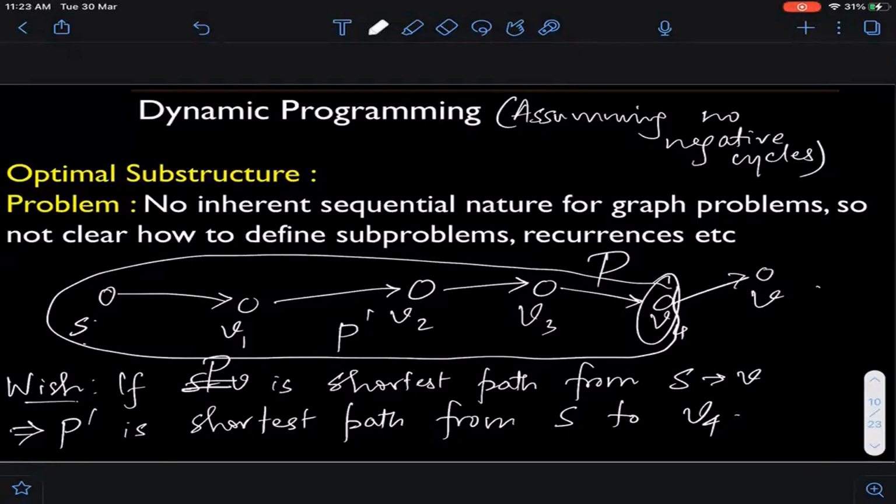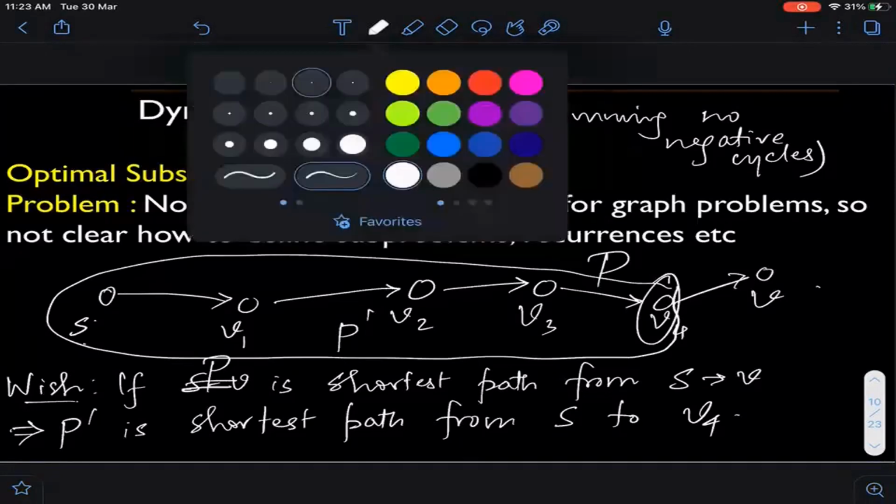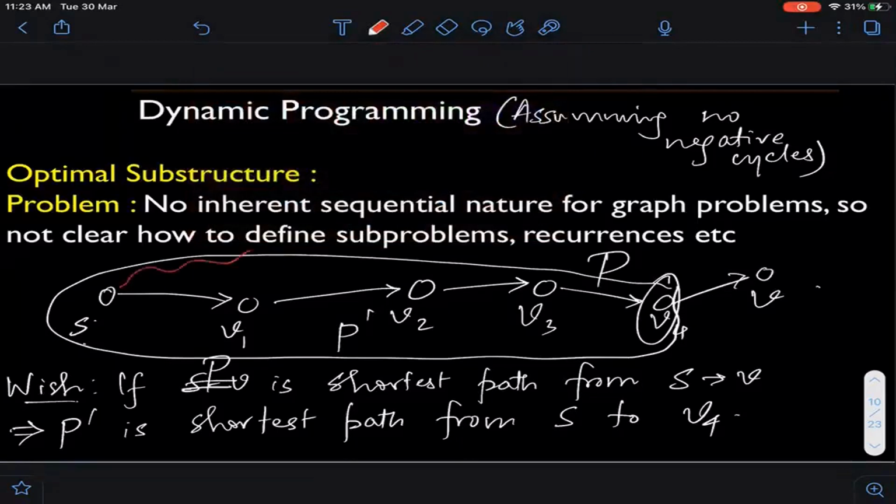Okay, so now I will hand wave a little bit, but we will do this formally when we define subproblems and all. So the observation is the following: कि suppose P prime is not the shortest path from S to V4. Okay, suppose it's not the shortest path. So then there is some other path from S to V4. है ना?